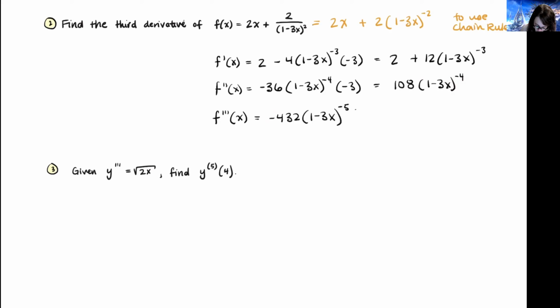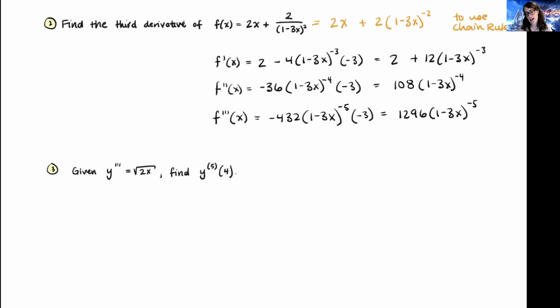And then again, we have to multiply by the derivative of the inside, which is still negative 3. Okay, negative 432 times negative 3 is 1296. We've got 1296 times 1 minus 3x to the negative 5th power.